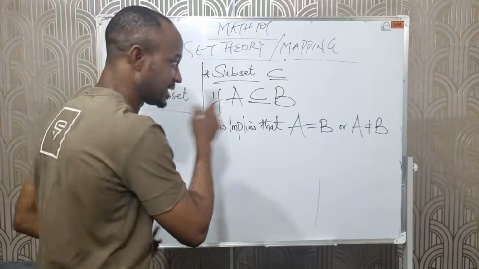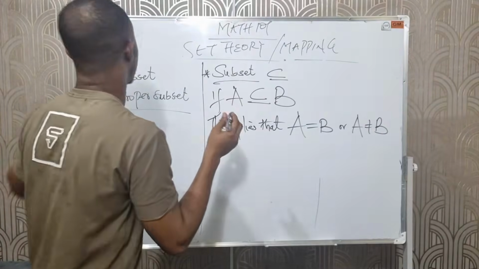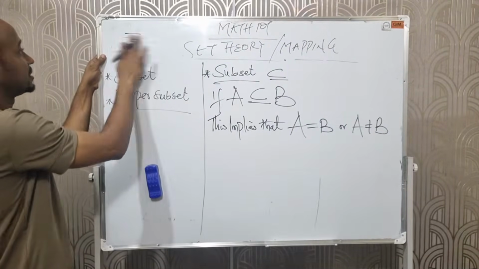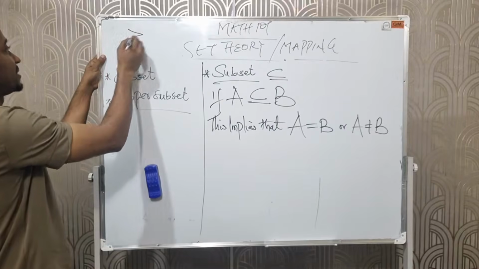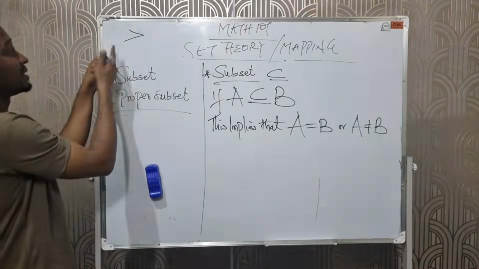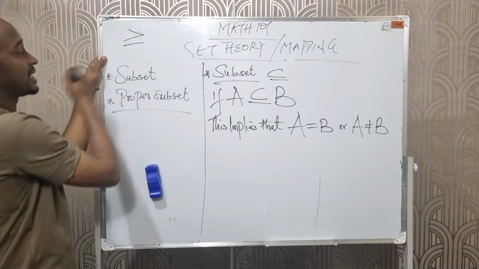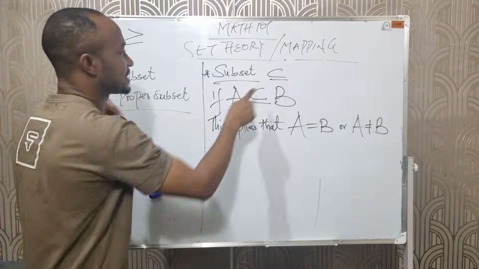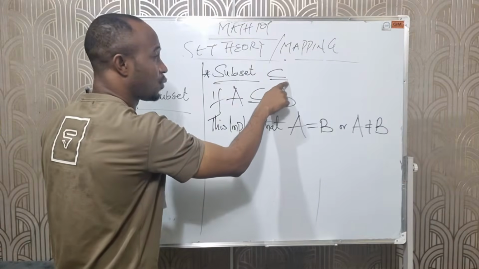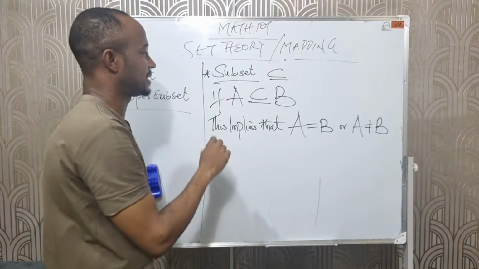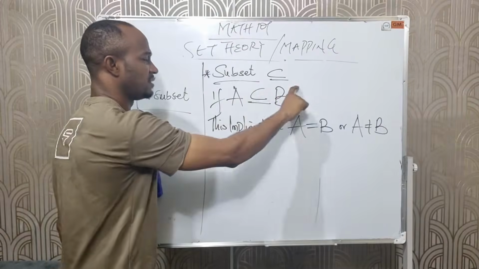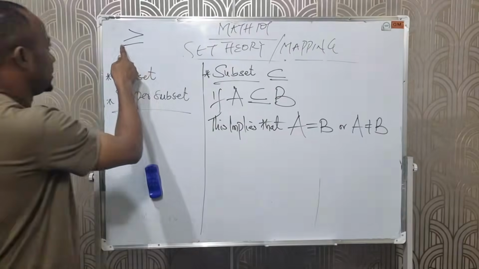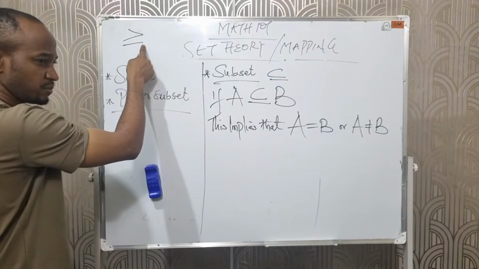Why do we say so? In mathematics, if we have this sign, it means what? Equal, right? If I have this sign, this means greater than. If I have this sign attached to it, it means greater than or equal to. So this sign you are seeing here is a sign of equality.